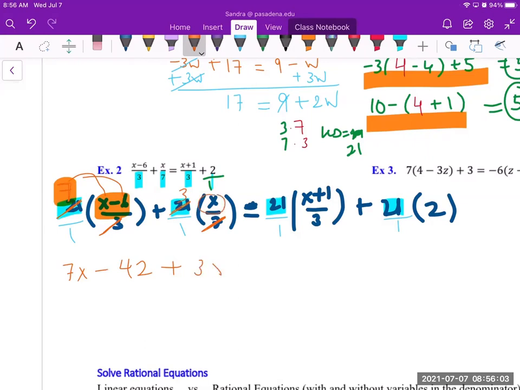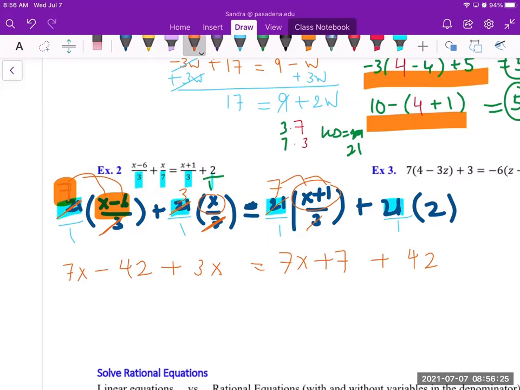That gives me a 3x. It's equal to, 3 divides the 21. That gives me a 7. I'm going to multiply that 7 times the numerator. So when I distribute here, that will become 7x plus 7. And then there's nothing to cancel in here or to simplify. So 21 times 2 is plus 42.